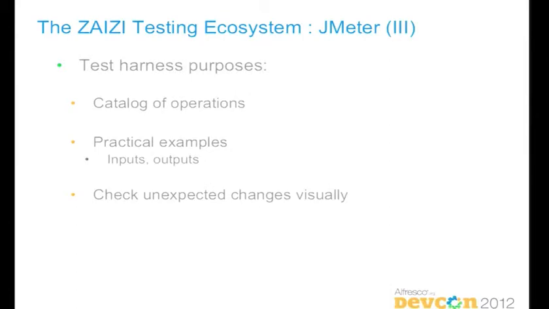So it's not acceptable that you test the base case in your system and you state that it is working. You need to test every possible input and every possible output. So we create with JMeter a catalog of operations where we have, for every service, all the possible incomes and outcomes. It helps us in two different ways.